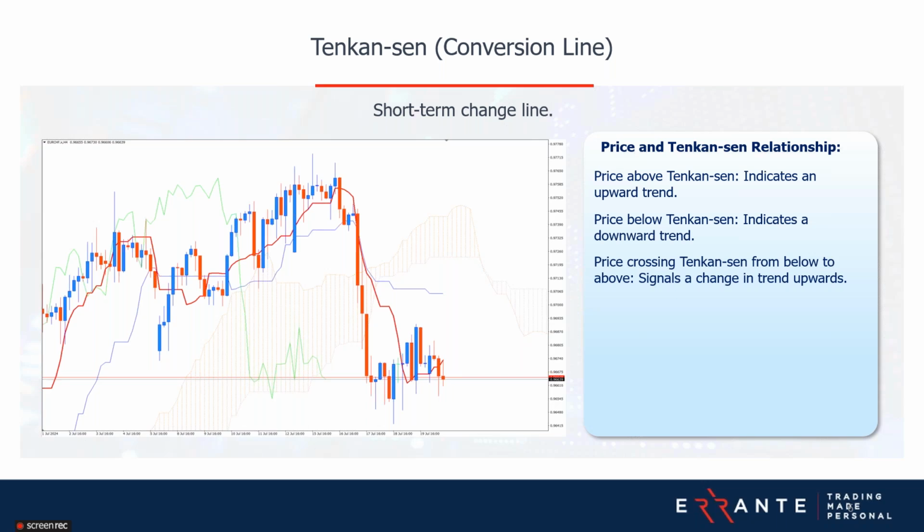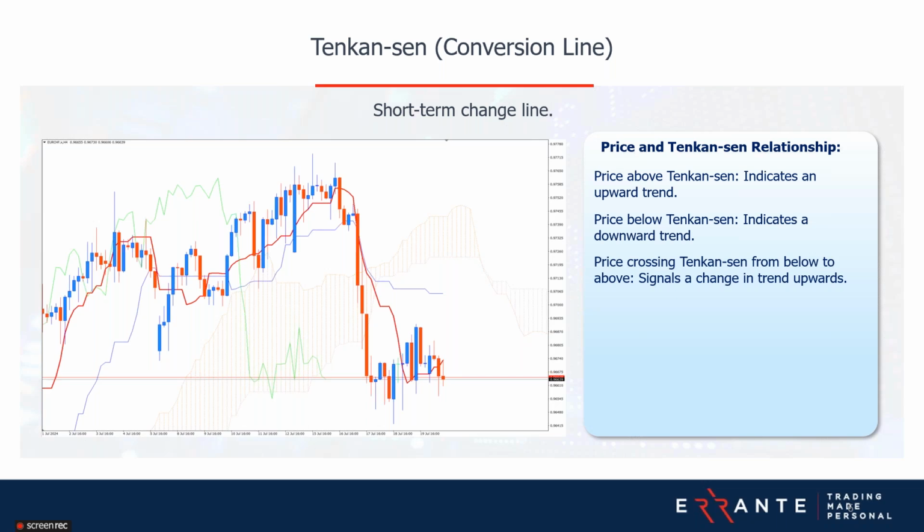Tenkan-sen reacts quickly. When the price is above Tenkan-sen, it indicates a strong upward trend and the strength of buyers. This is usually considered a strong buy signal. Continued movement above Tenkan-sen may suggest a continuation of the upward trend.